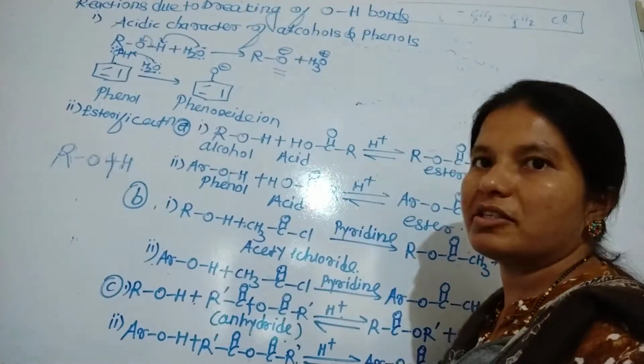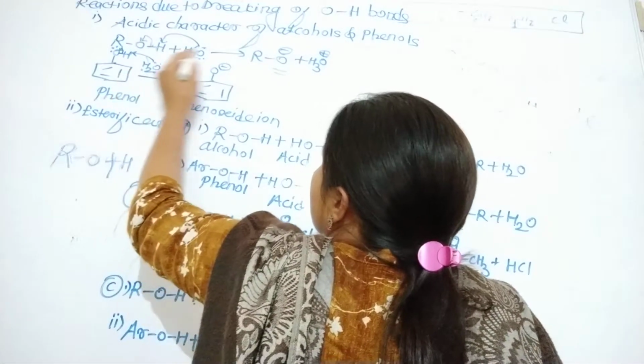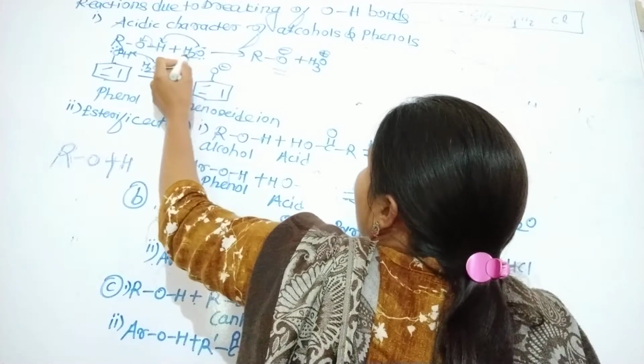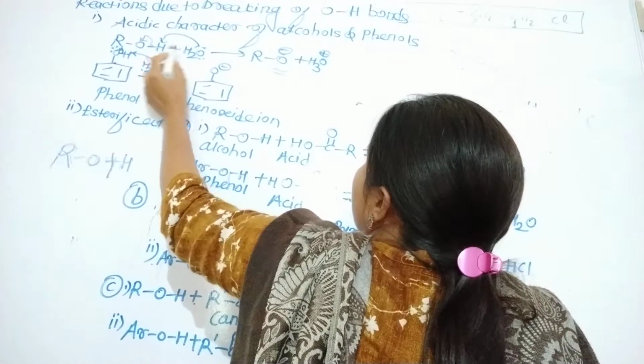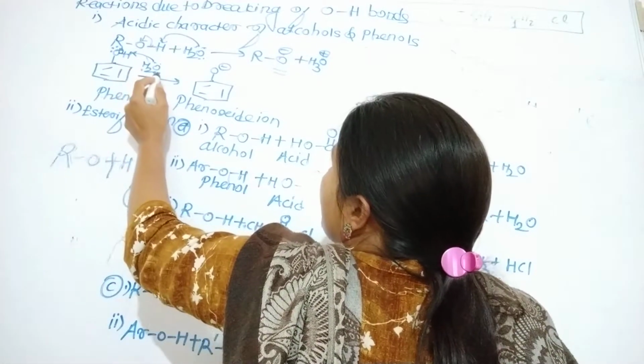The conjugate base is formed. You can simply say that alcohol is acidic because it can give the H plus ion. Also this is your phenol, so the water molecule is added to phenol.